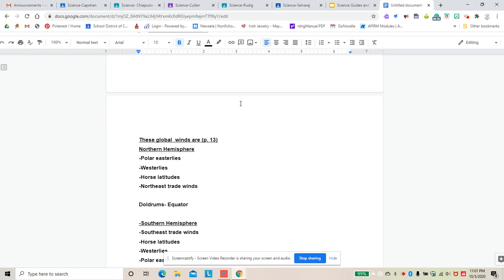Okay, very similar to what you have in the northern hemisphere. If you notice, westerlies, horse latitudes, and you have the polar easterlies on both ends. So they are fairly consistent and listed.